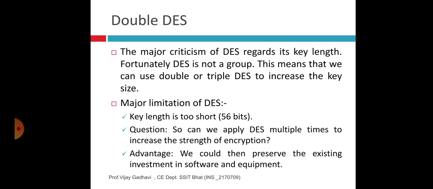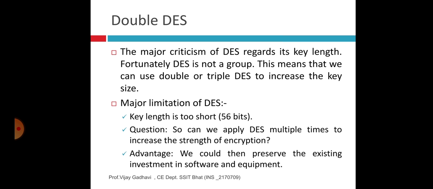Now we start a new topic, double DES. The major criticism of DES regards its key length. You already remember we used a 64-bit key length. Fortunately, DES is not a group. This means that we can use double or triple DES to increase the key size.